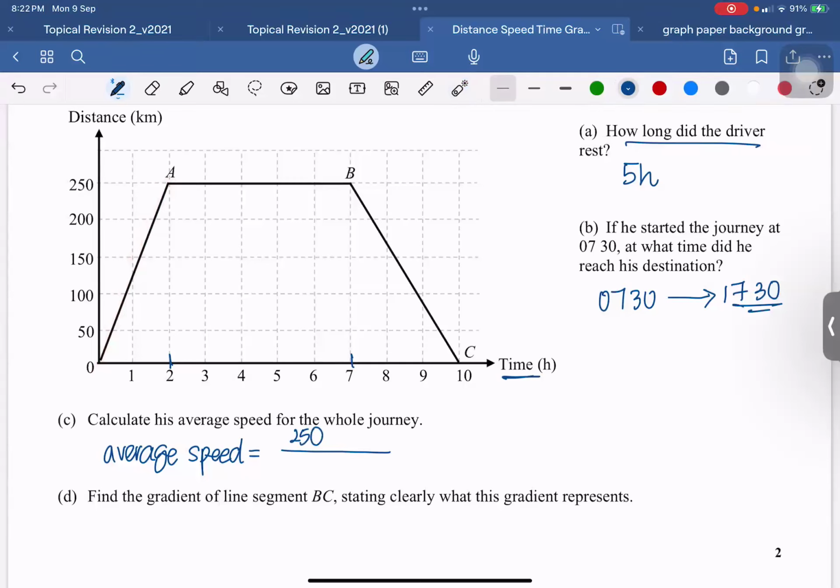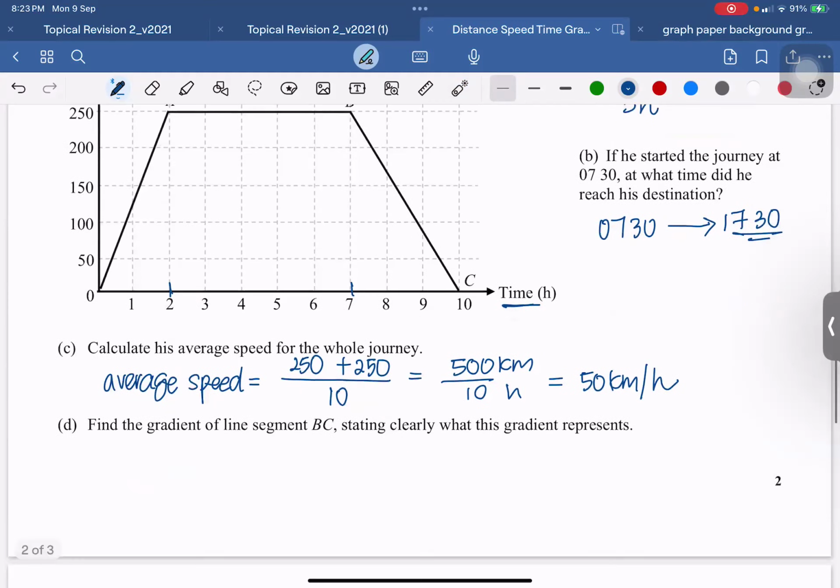Then after that, what else must I add? He goes down, right? The distance he takes to travel home also? Another 250. Then what is the total time taken? 10 hours. So in this case, it will be 500 kilometers divided by 10 hours, 50 kilometers per hour.